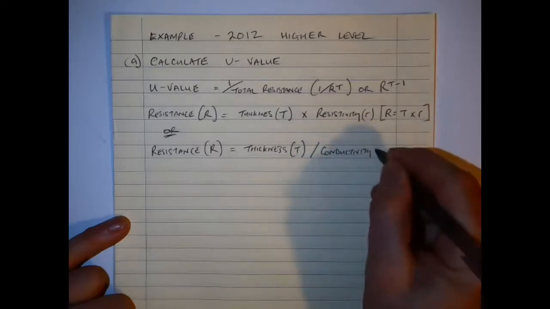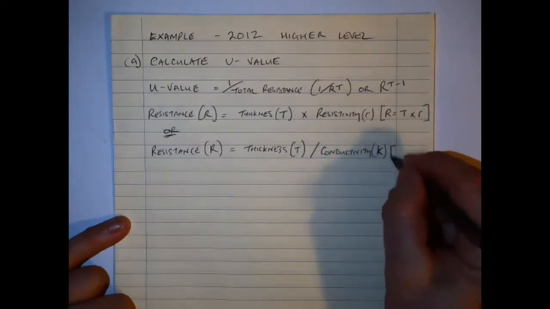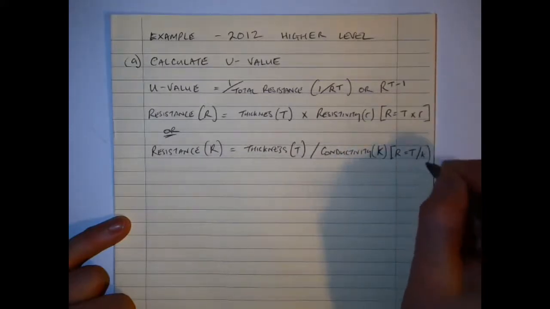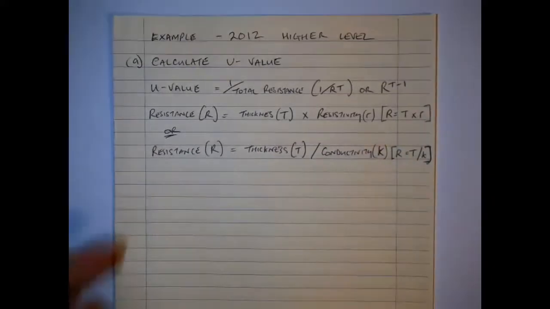So either of those two methods. Depending on what you're given in the question, if you're given a conductivity, it's quicker to just divide the thickness by the conductivity, and if you're given a resistivity, it's quicker to just multiply it by the thickness.